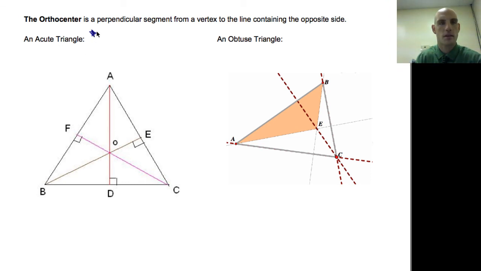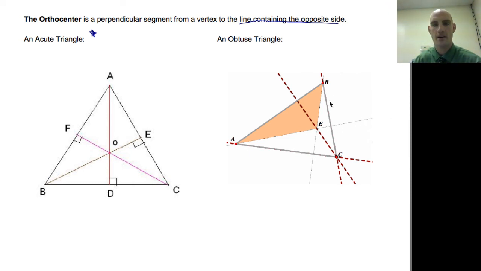Well, there's another case, an obtuse triangle. In an obtuse triangle, notice what happens here. A lot of things going on. This is where the line containing the opposite side comes in. Because if I look at AE, it's a side that's contained in this line that continues on this dotted line, all right?